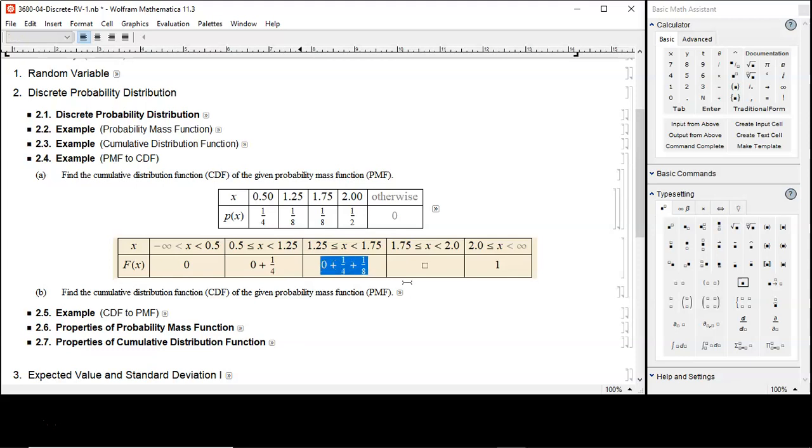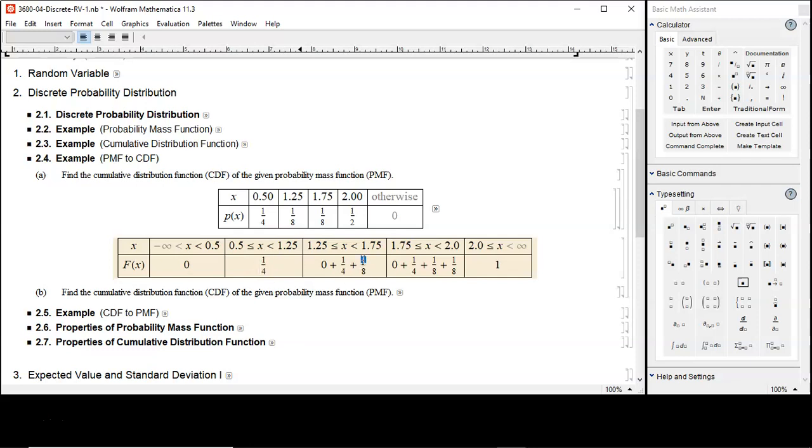So it was up to here. And then I have to add something. What do I have to add at 1.75? Is that clear? And then from here, if I add 1/2, and if you do it right, you're going to get 1 anyway. And of course, you can simplify 0 plus 1/4, that's 1/4, right?